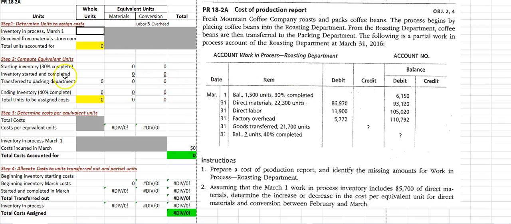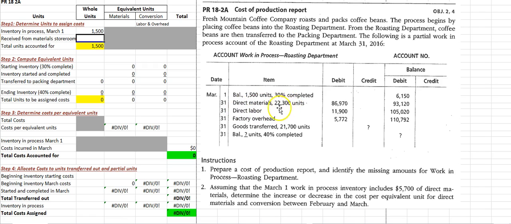But as far as units goes, inventory in process March 1, 1,500 units, right? We need to account for those 1,500 units. Now, how many units did we start this month? And we get the clue from direct materials.